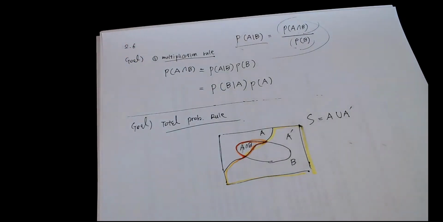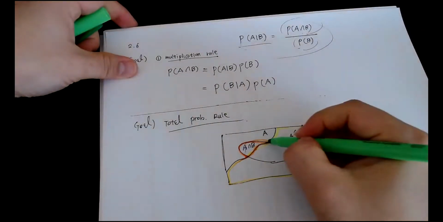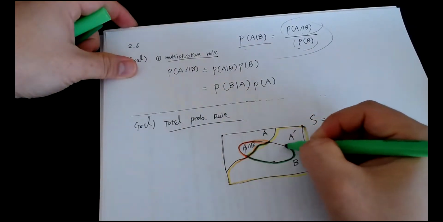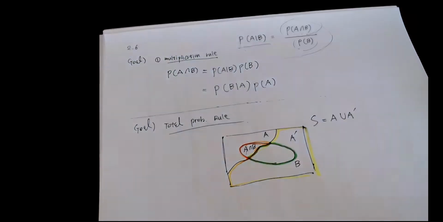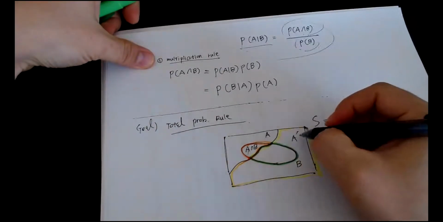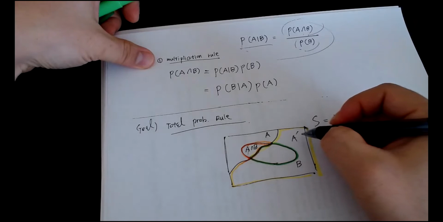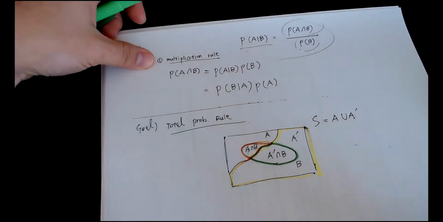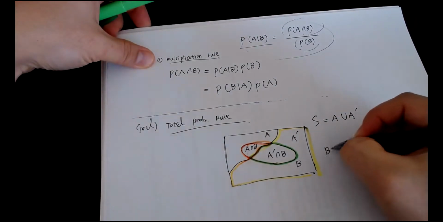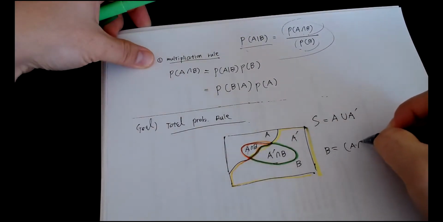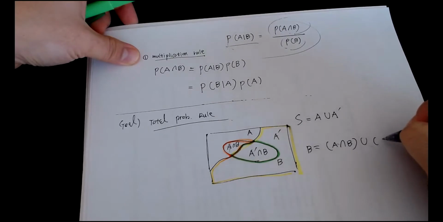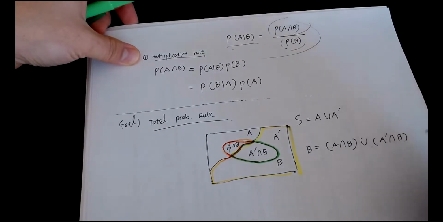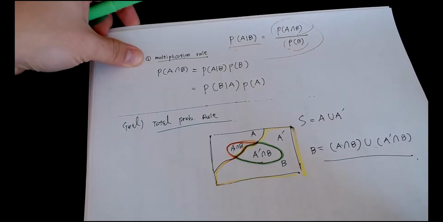Now what about that part? That subset is going to be A complement intersection B. So B can be expressed as A intersection B union A complement intersection B. Does it make sense?